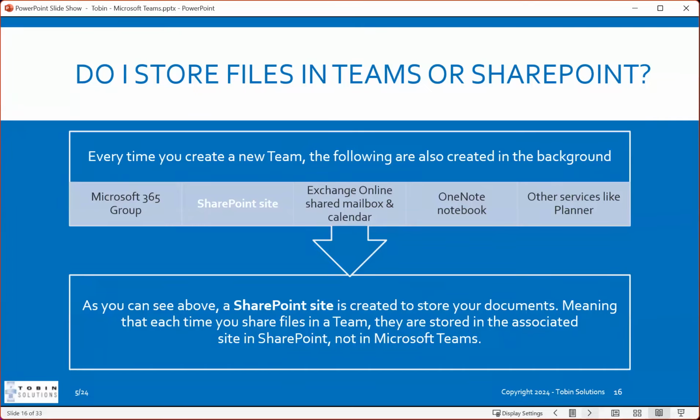And it does that for security purposes, because you may want to have a team or a channel that's set up for everyone to use in your organization, or you might want to restrict it. Let's say it's a finance team you set up. You may not want your entire company to have access to the finance team or the finance channel. So in the background, it creates that group, and that helps dictate the security.